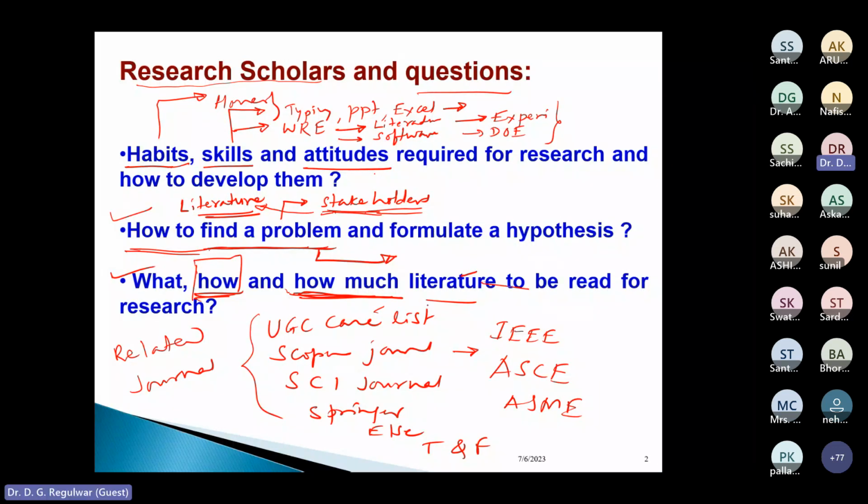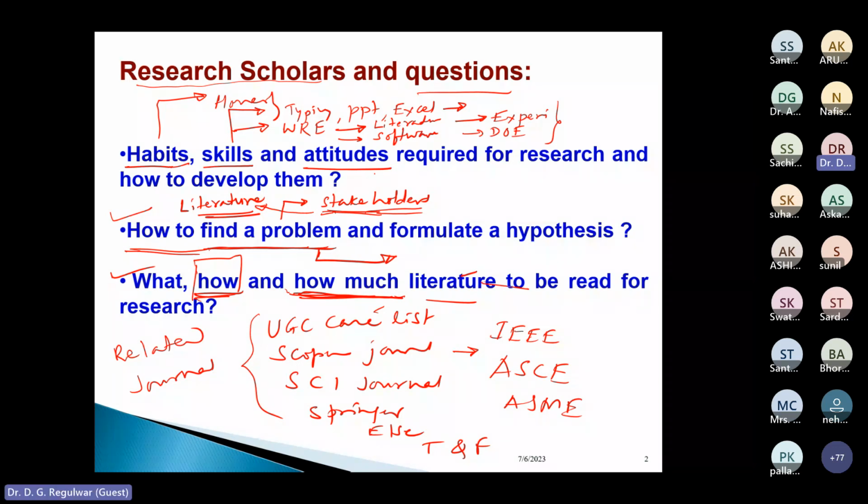How much to read means basically from the current literature, you have to go back into the past till the traces of your problem statement arise, and it is useful. So till you find those traces and they are useful, you have to go through the published papers.